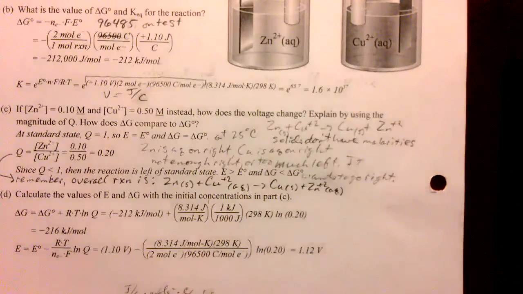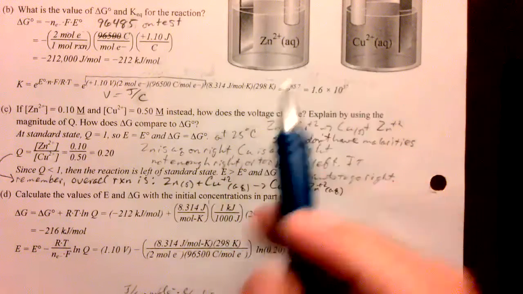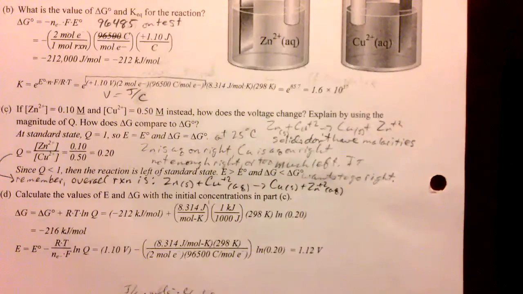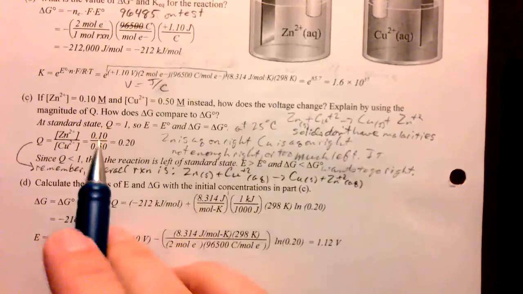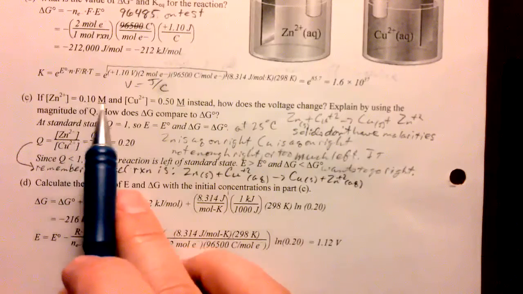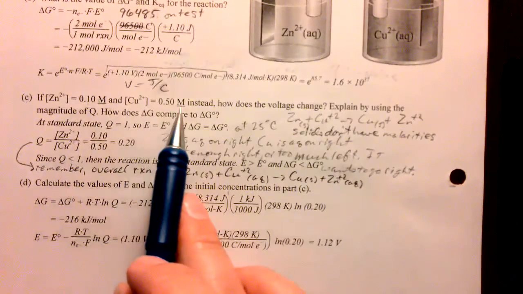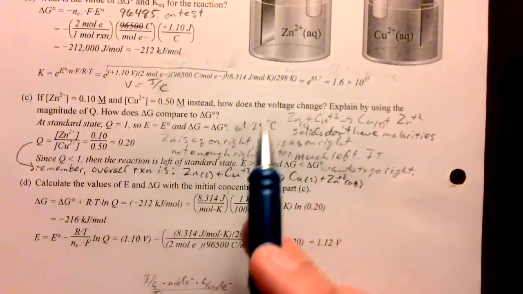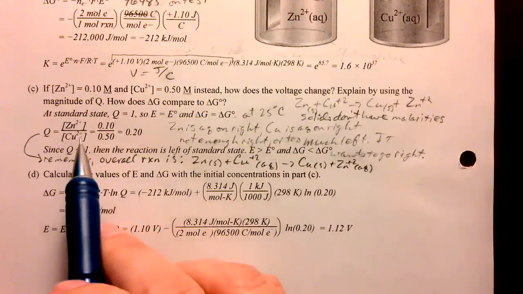So it's easy to think of them as having both molarity of 1, so that we get 1 molarity over 1 molarity and we get Q equals 1. That's for the standard state. But what if you're not at the standard state? What if zinc is 0.1 molarity and copper is 0.5? How does the voltage change? Let's use those molarities and find Q.